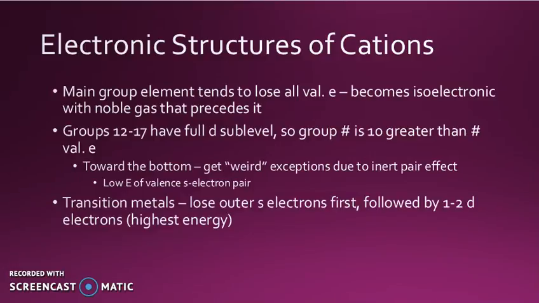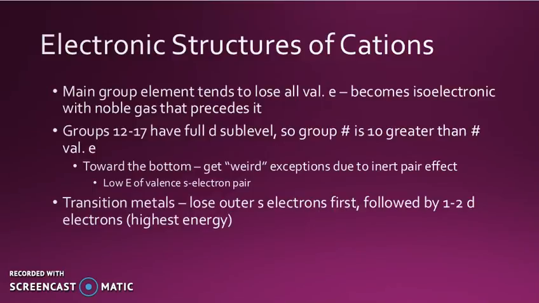Things that are in groups 12 through 17 have a full d sublevel. So the group number is greater than 10, or is 10 greater than the valence electrons. So things in group 13 tend to lose 3, the 2 in the s, and then that 1 in the p sublevel as well.